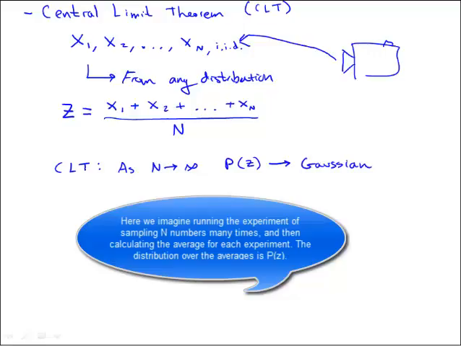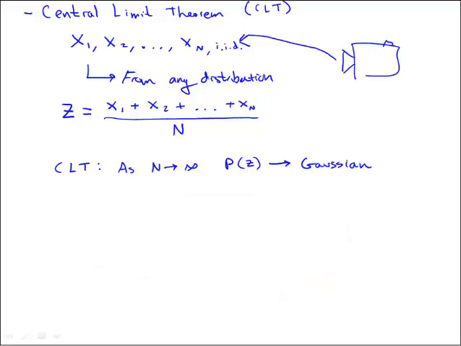This is amazing. Here we made no assumption about the original distribution that each of our x's was drawn from, and yet when we take the average of a large number of them, that average is itself Gaussian distributed.